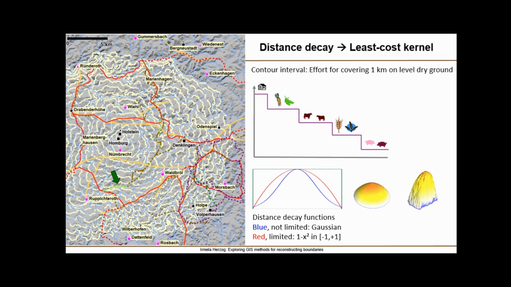And this really gets you into kernel density estimation, because this is modeled by kernel density estimation, and you have the normal straight line kernel density estimation, and you also can adjust this to least cost kernel density estimation. And that's what I did.